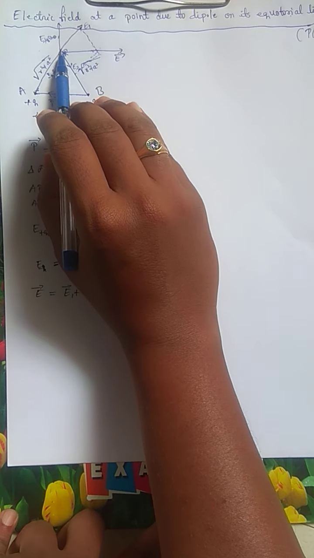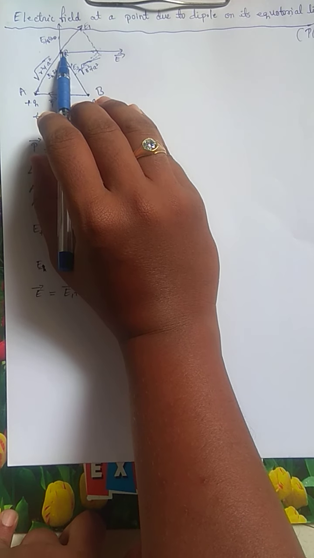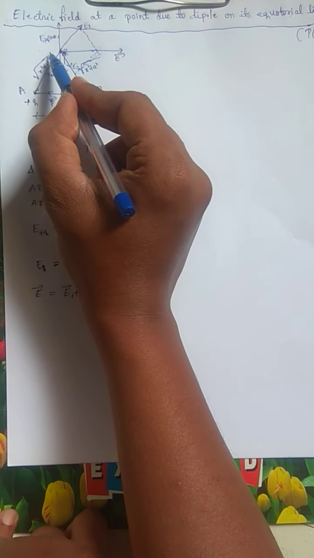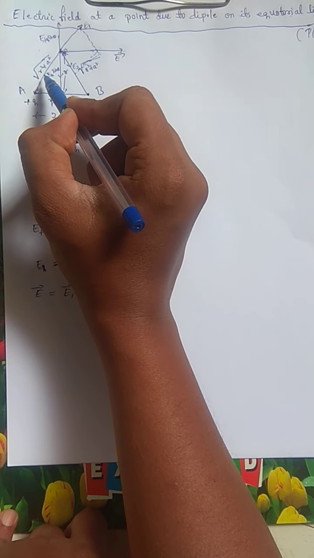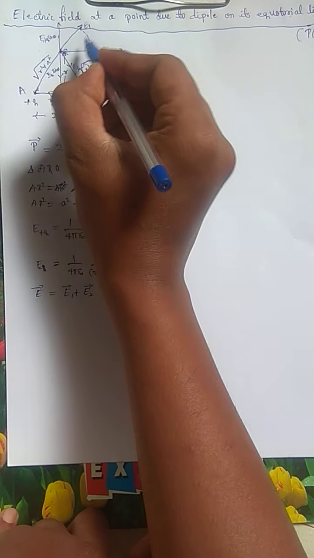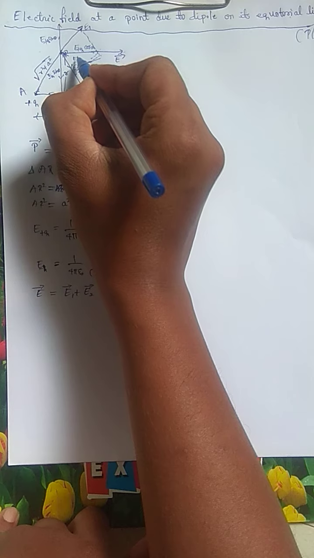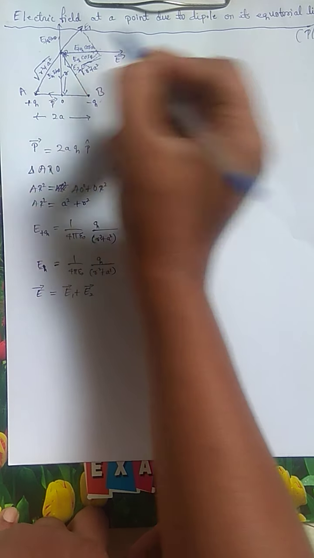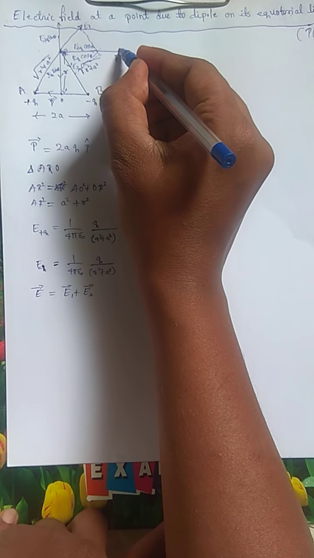But what about the parallel components? Here a different case exists. The parallel components move in the same direction because of this electric field direction criterion. E plus Q cos theta and E minus Q cos theta both move in the same direction with the same magnitude.